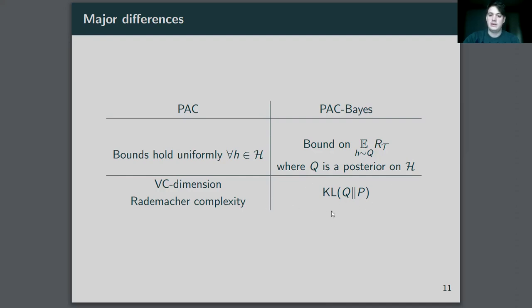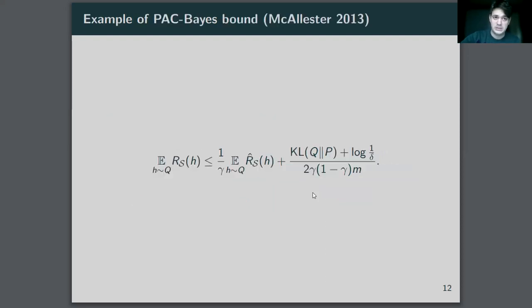While in the PAC-Bayes case, you're just constrained to these two distributions, the prior and the posterior, which is related to something like the KL divergence. Which means that if you can get the prior and the posterior to be close to each other, this will then become quite small, which is exactly what we would like to do here.